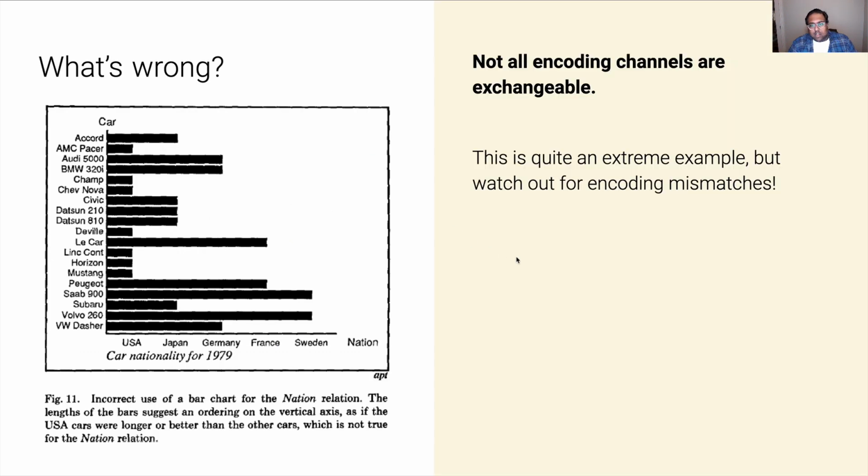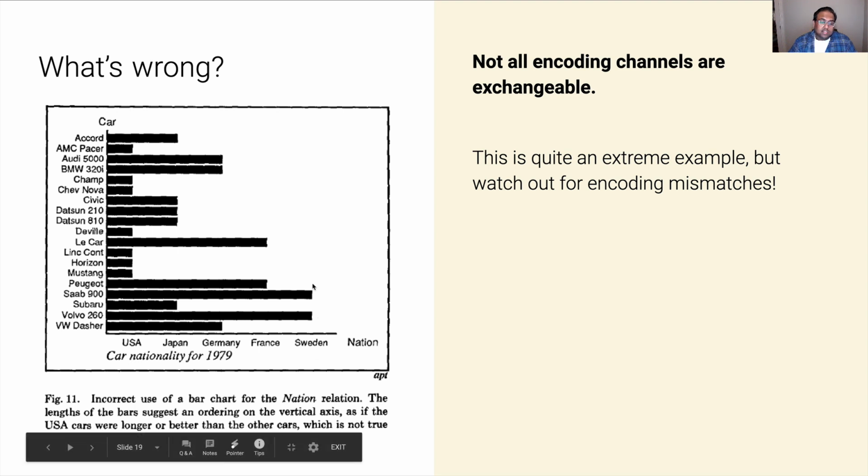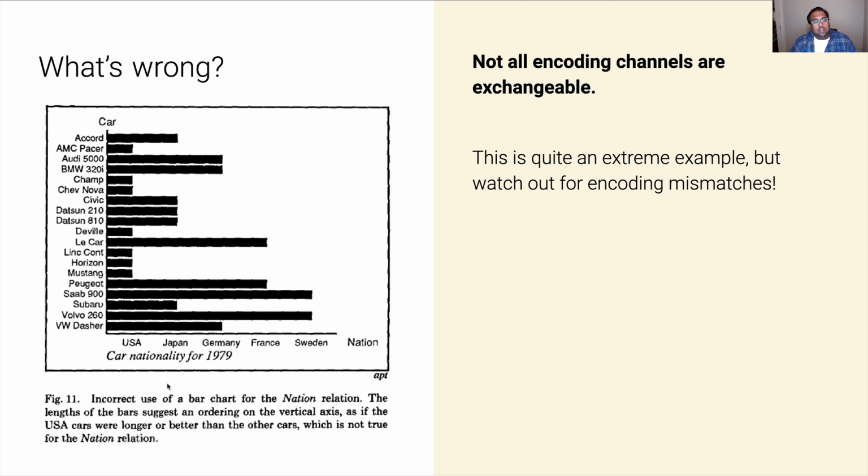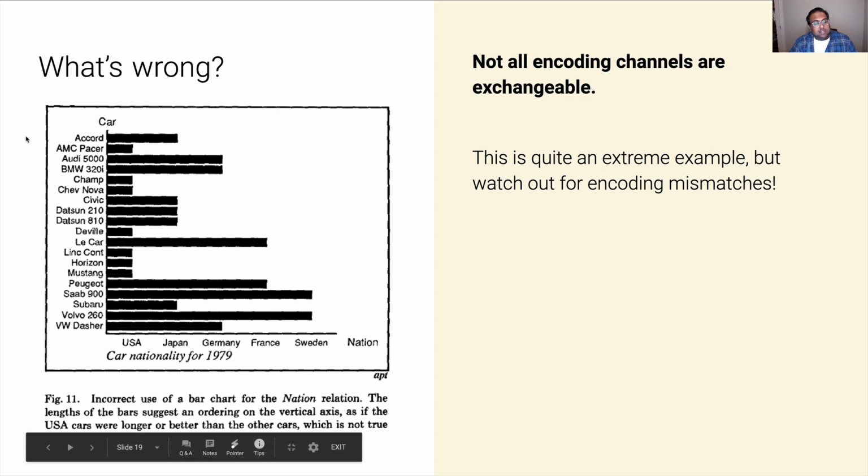I want to end on a cautionary tale. Not all encoding channels are exchangeable. So this is quite an extreme example, but it's something to watch out for. The problem with this visualization is that it's using length to encode not a numerical quantity, but rather a categorical variable. Position on the x-axis here isn't some number, rather it's the country that the car on the y-axis's manufacturer is from.